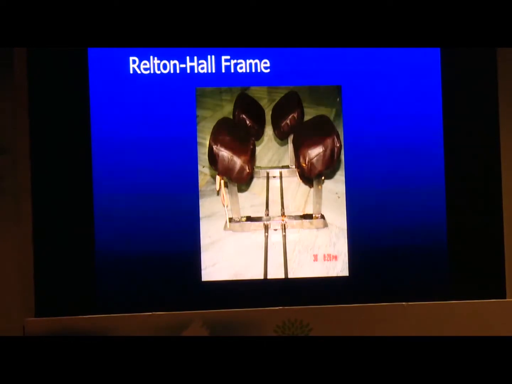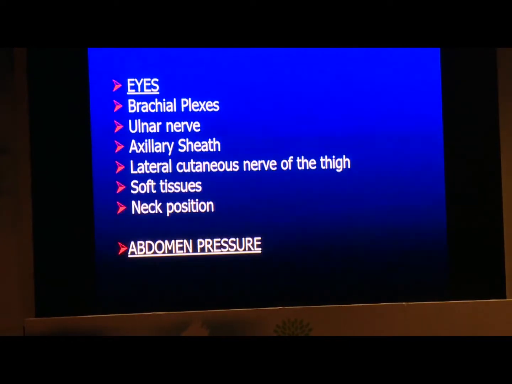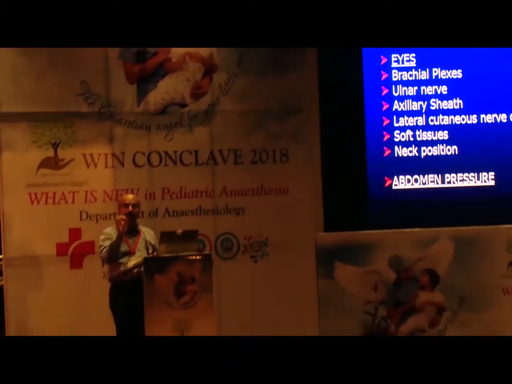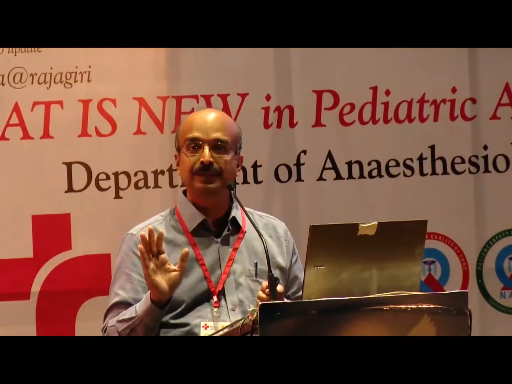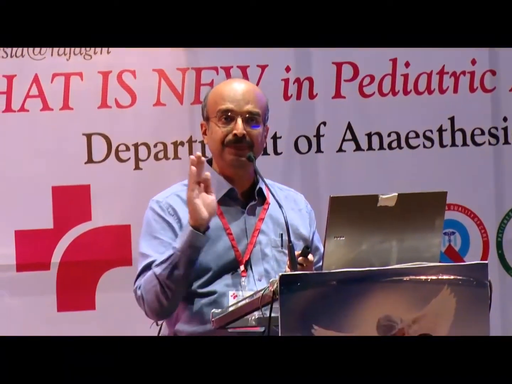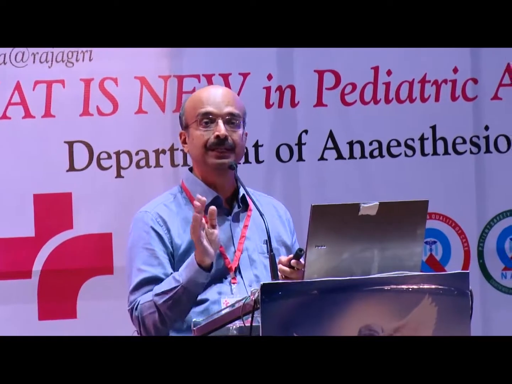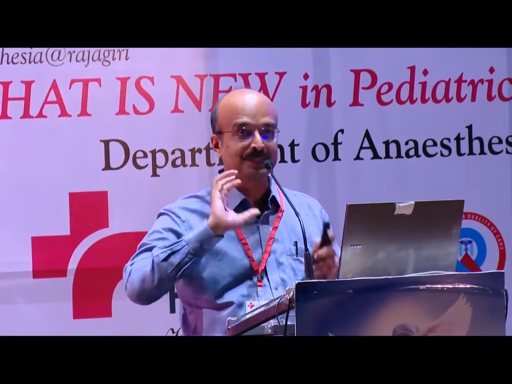There are several frames available, Relton-Hall frame, bolsters, but I wanted to emphasize when you put the patient prone, especially in pediatric scoliosis, especially when the cervical and thoracic levels are involved. After you position the patient prone, it is very, very important to see whether the bilateral air entry is equal or not. Several times you see the tube migrating because of the abnormalities present here.